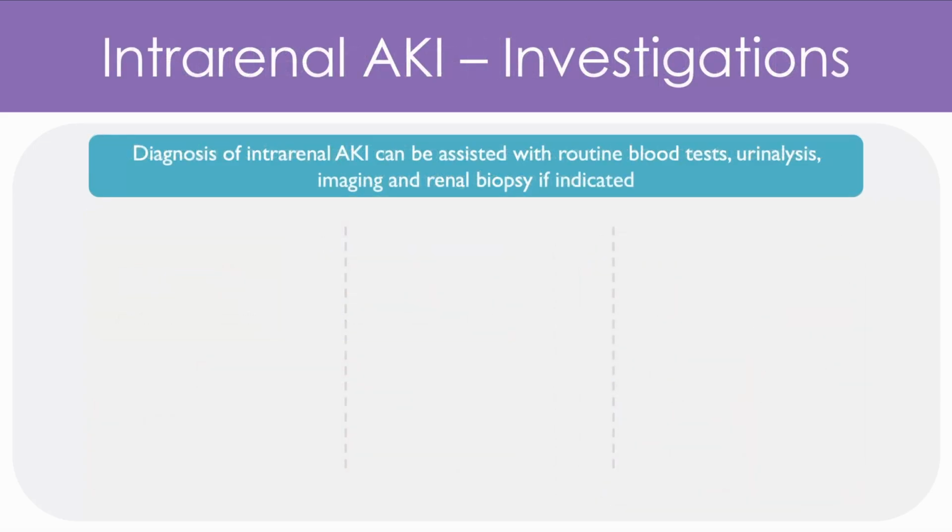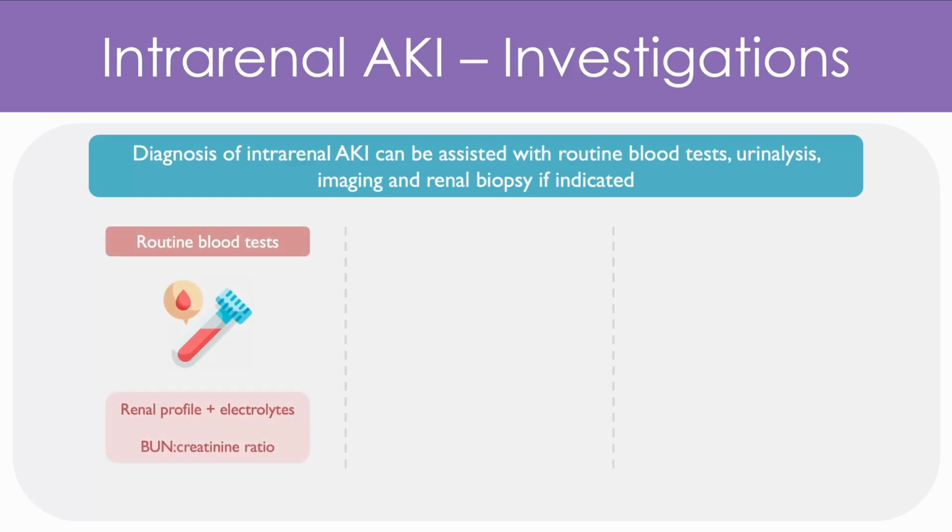For the investigations of intrarenal AKI, we can look at features such as routine blood tests, urinalysis, and imaging and procedures to help with the diagnosis. Starting with routine blood tests, we can look at the renal profile and the electrolyte levels to search for an increase in creatinine and derangement of electrolytes, so for example a hyperkalemia picture.